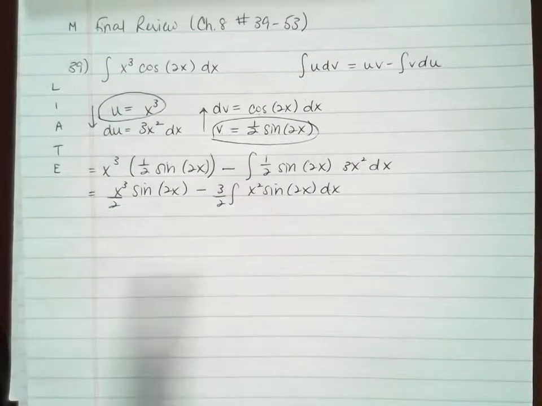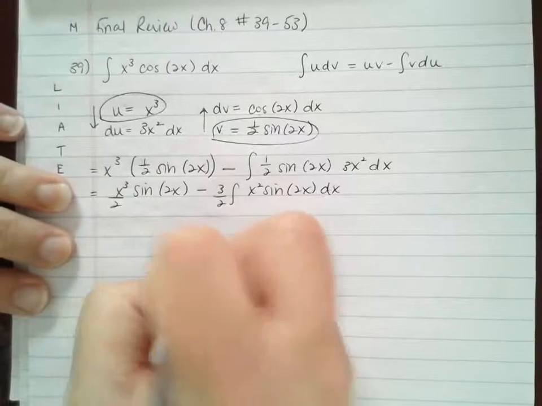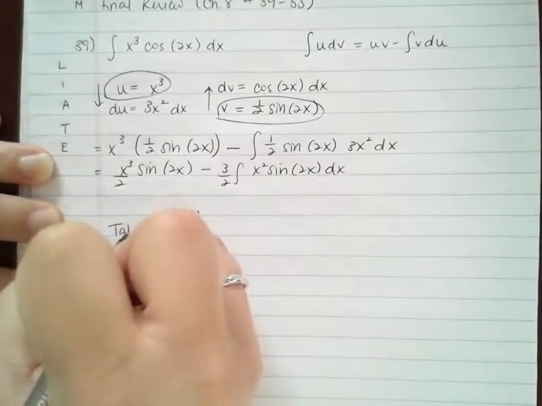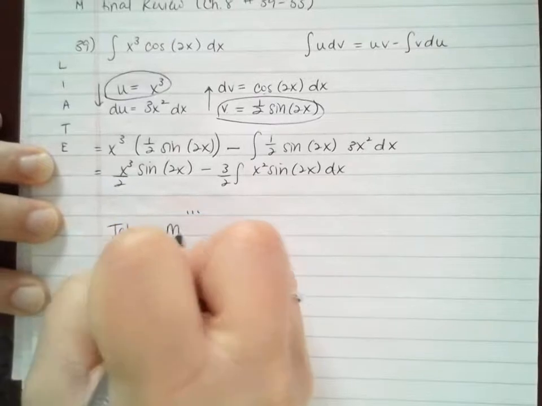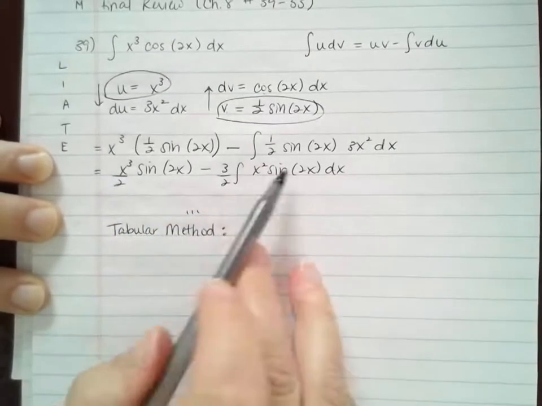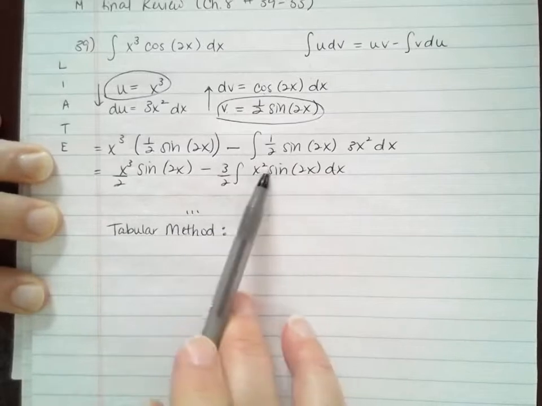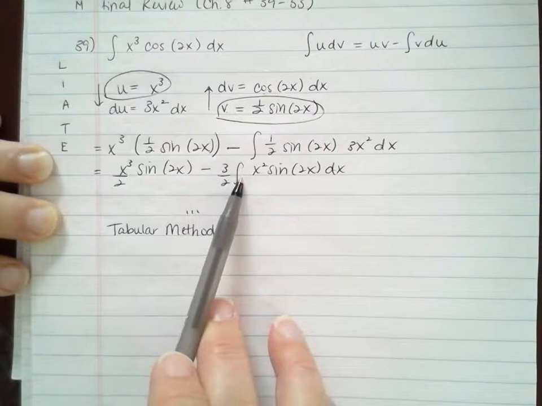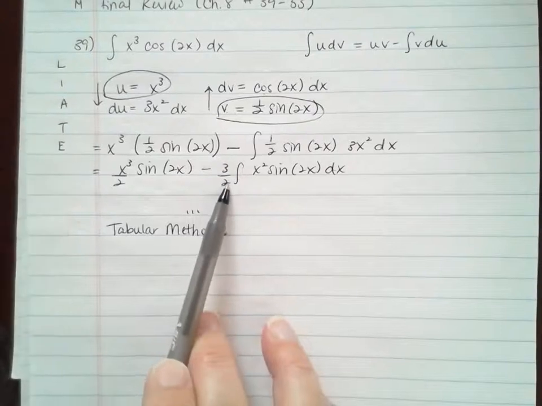So we can continue in this direction, but I'm going to try and save time with what's called the tabular method. Also, one thing to keep in mind, if you continue in this direction, once you do your uv on this, it has a negative 3/2 out front, so you're going to have to distribute that in, and it can get really messy really quickly.